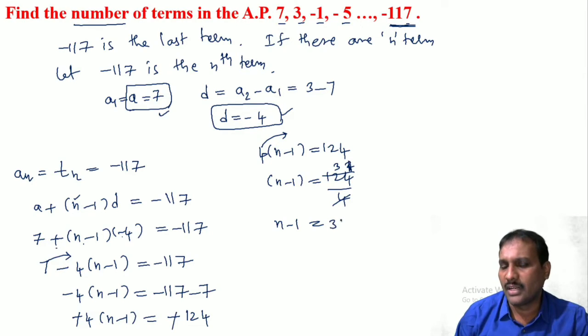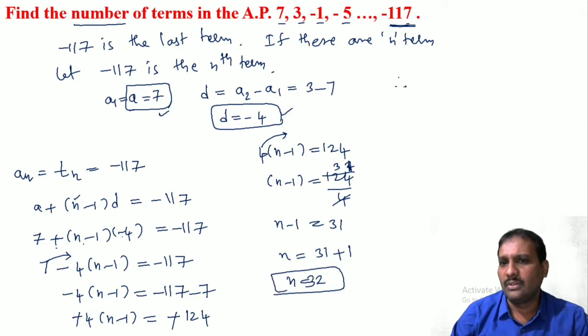So n minus 1 is equal to 31. N is equal to 31 plus 1, so n is equal to 32. Therefore there are 32 terms in the AP.